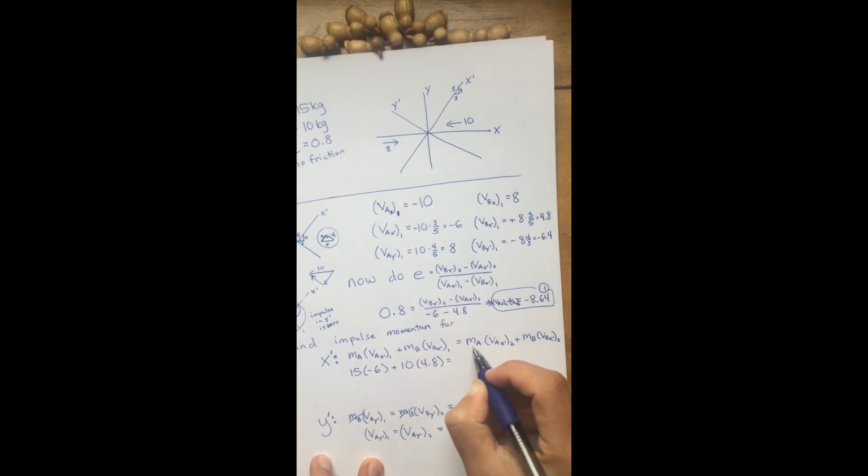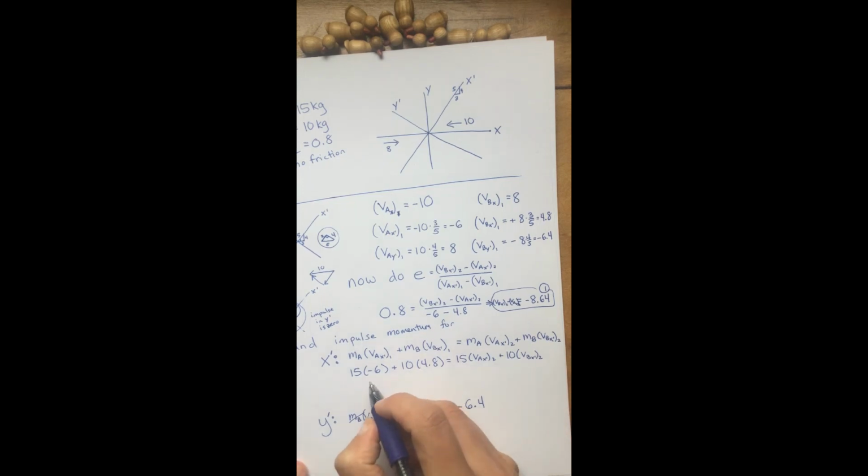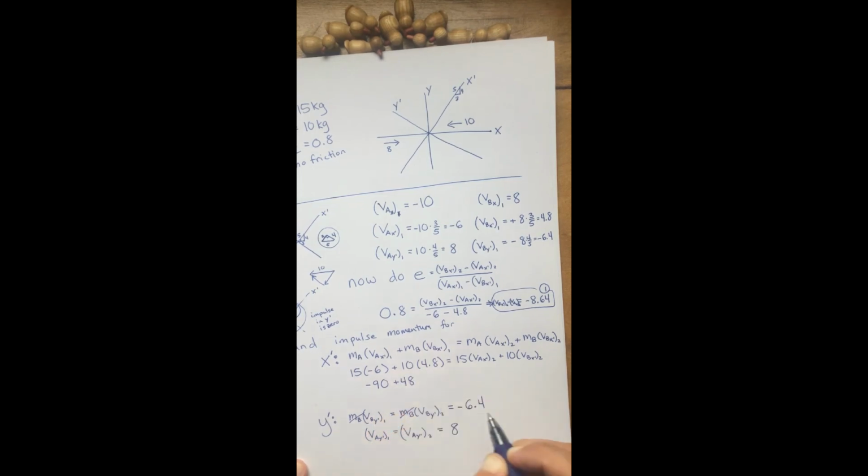This is equal to MA, 15, times VA x prime 2, which is unknown. MB is 10. VB x prime 2 is also unknown, but these are the same two unknowns that I have in equation 1. The left-hand side is negative 90 plus 48.